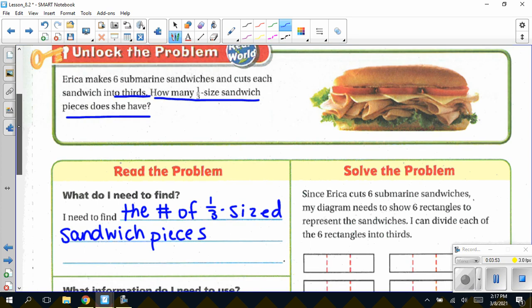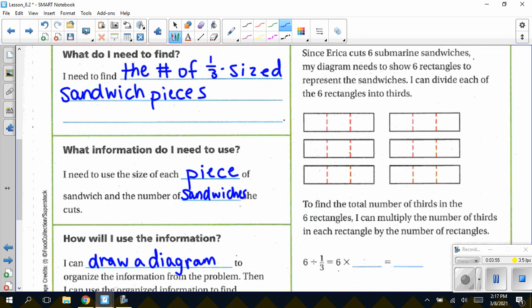Therefore, if she's cutting them into thirds, each sandwich needs to be cut into 3 equal pieces. So that is why we now have 6 sandwiches all cut up into 3 equal pieces. So to find the number of thirds in 6 rectangles, I can multiply the number of thirds of each rectangle by the number of rectangles.